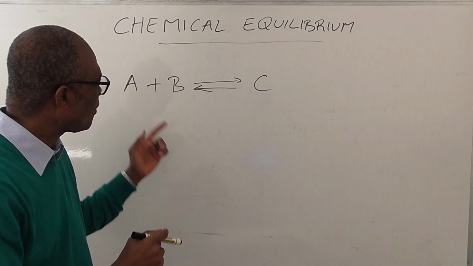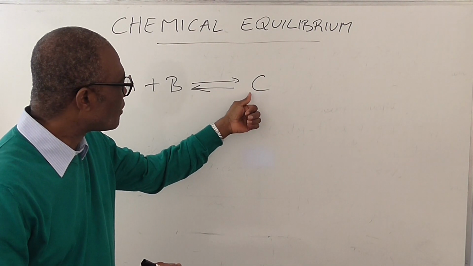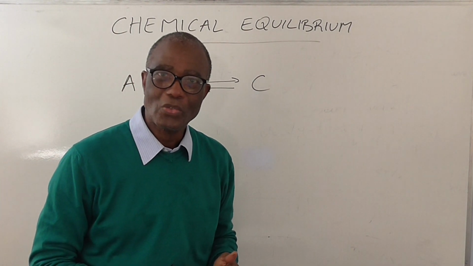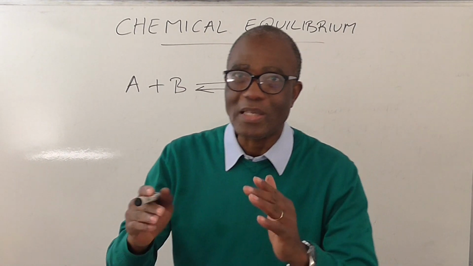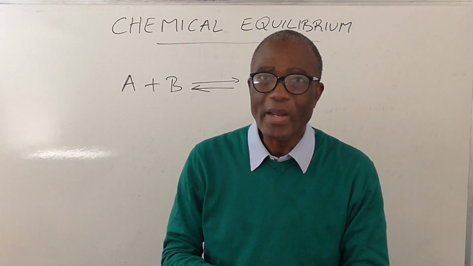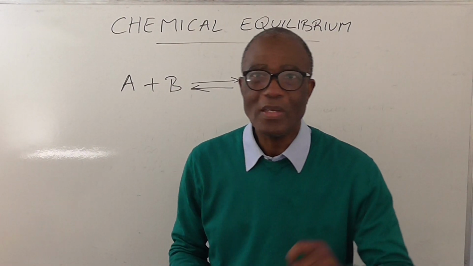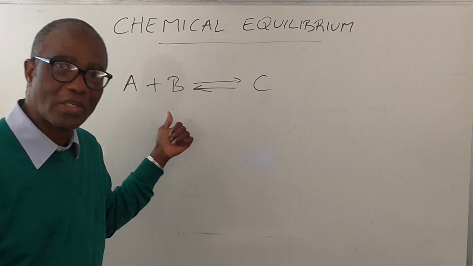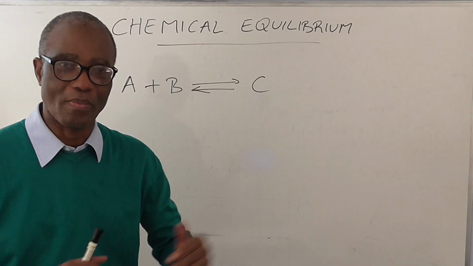So the rate of the reaction going to the right is equal to the rate of the reaction going to the left. This dynamic state, where the rate of the forward reaction is equal to the rate of the backward reaction, is a chemical equilibrium.